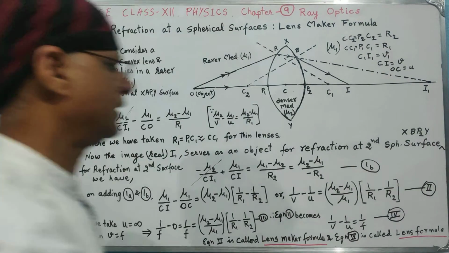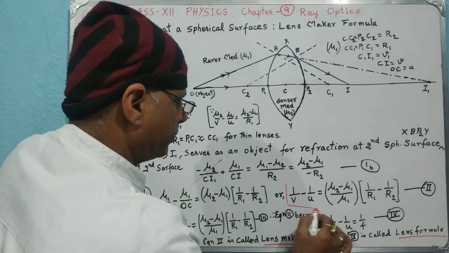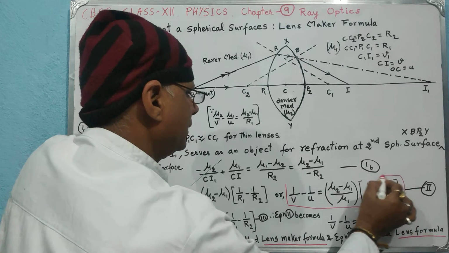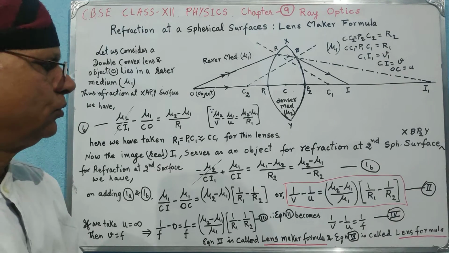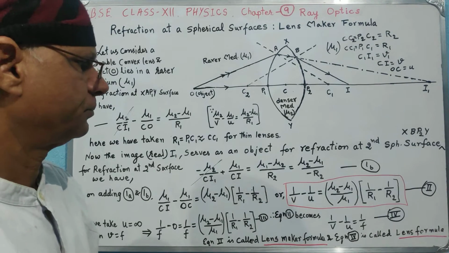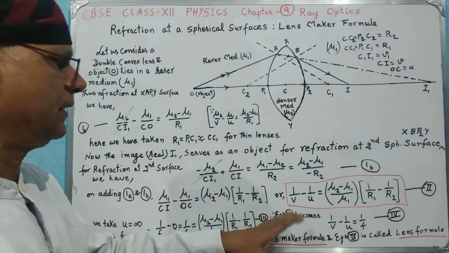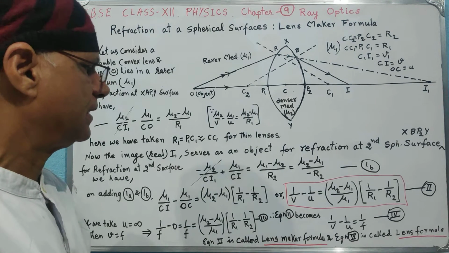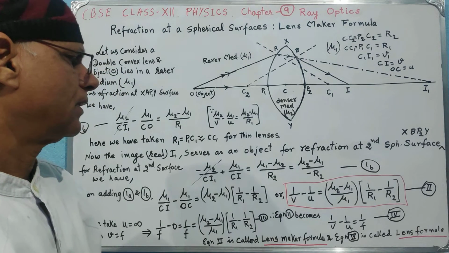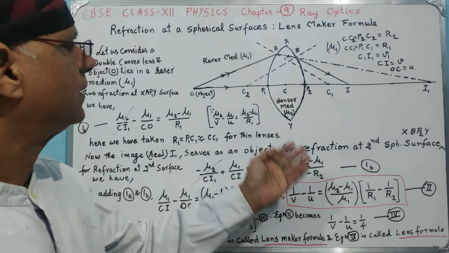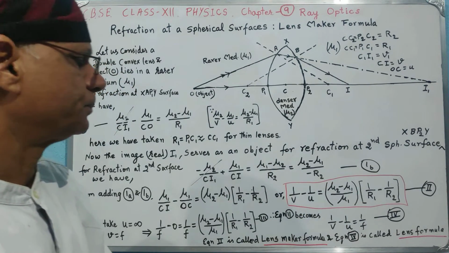Well, why do we call it Lensmaker formula? Because we can design a lens of particular property, particular quality by selecting the values of R1 and R2 to give us the desired results. And this expression therefore is known as Lensmaker formula. It is enabling us to design a lens of desired quality, desired focal length for a given pair of mediums having refractive index mu1 and mu2.